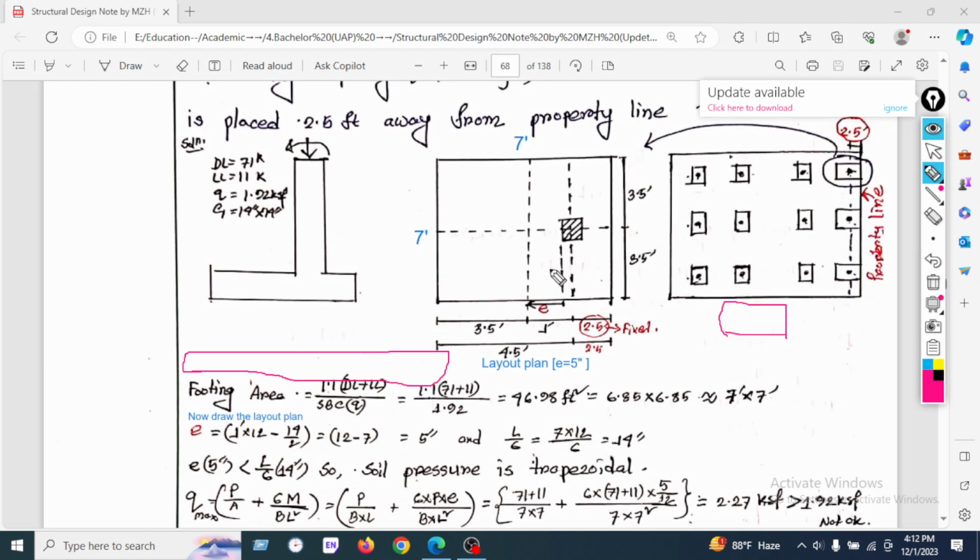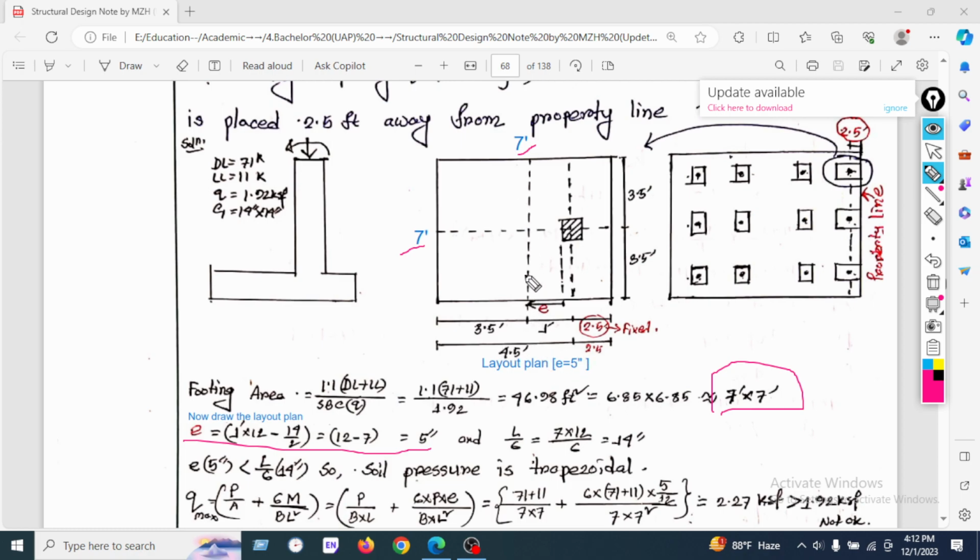Okay, so here is our dimension layout. The new layout. The eccentricity is e. We have found 7 feet by 7 feet, so the x direction is 7 feet and the y direction is 7 feet.